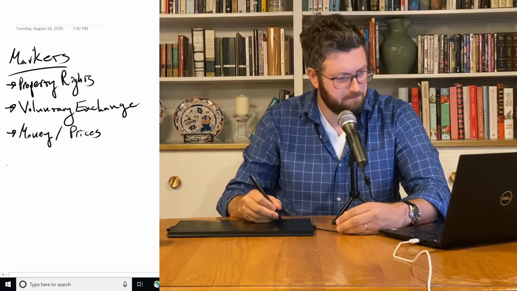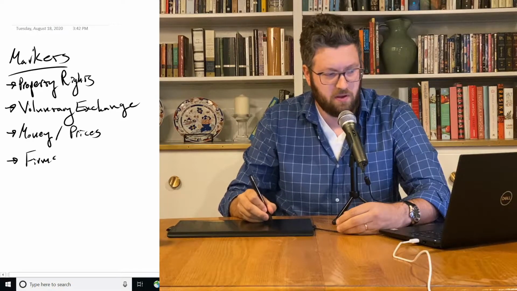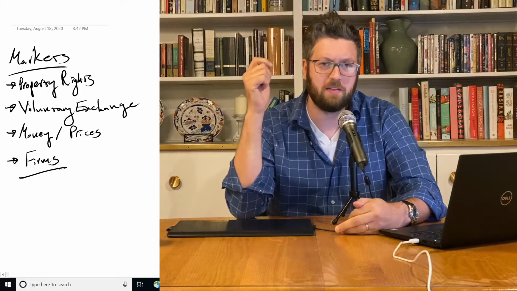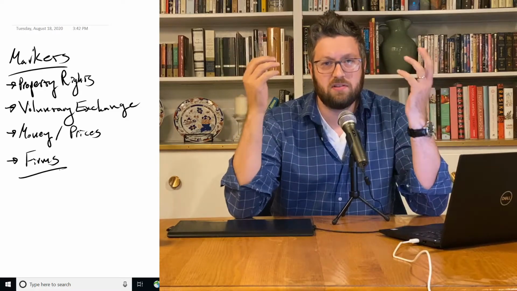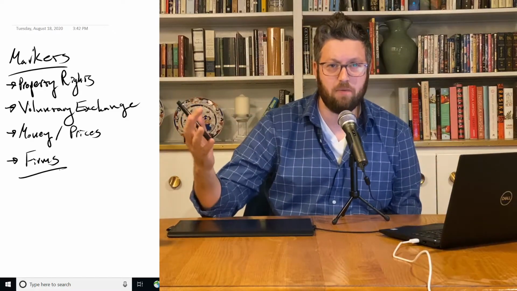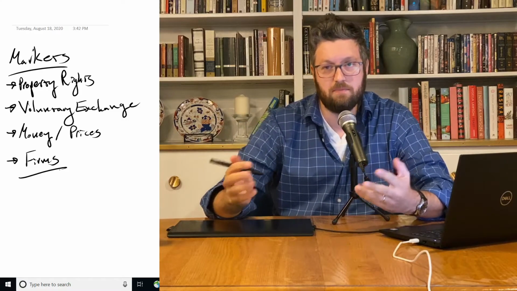The last piece of the puzzle is the presence of firms, which we'll talk about in the next video. Essentially, firms are organizations that create outputs, goods that people want or other firms want, by using inputs.